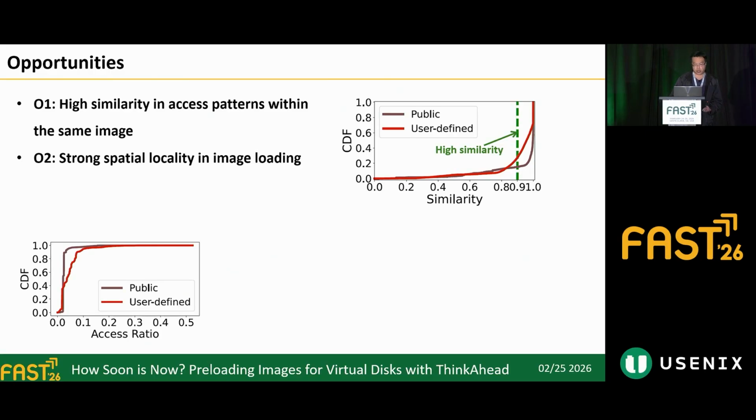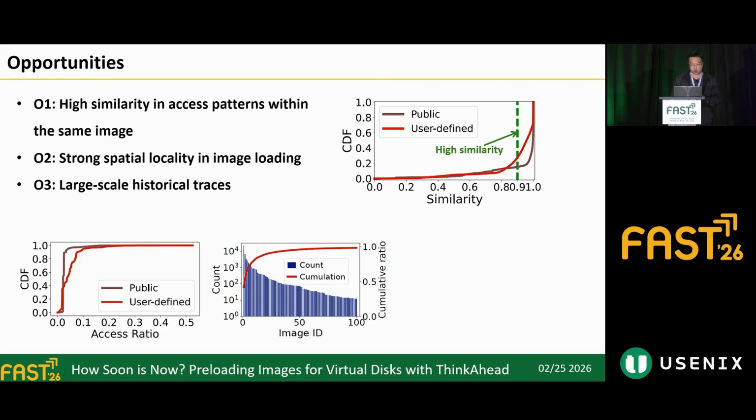And the other thing is there's strong spatial locality in image loading. What that means is when you load the images, usually you only access a few blocks. So you can prefetch just a small number of blocks, and then you can improve the image loading performance significantly.